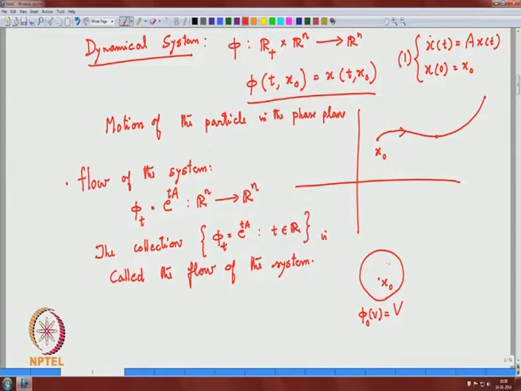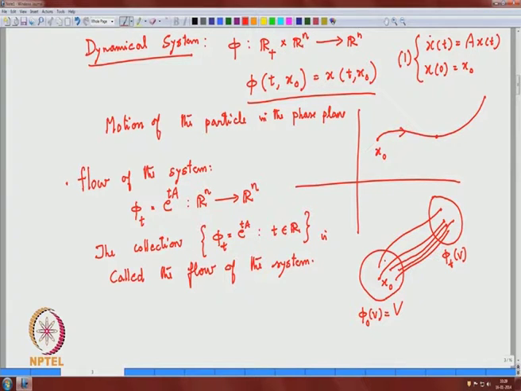Then for each t, look at all the particles in the neighborhood, and you collectively try to see this will be moving here and this will be moving here. So, you want to see this motion, and all this will be at different positions. This may be at a position somewhere here, and you will get a neighborhood. So, this is nothing but your phi t of v.